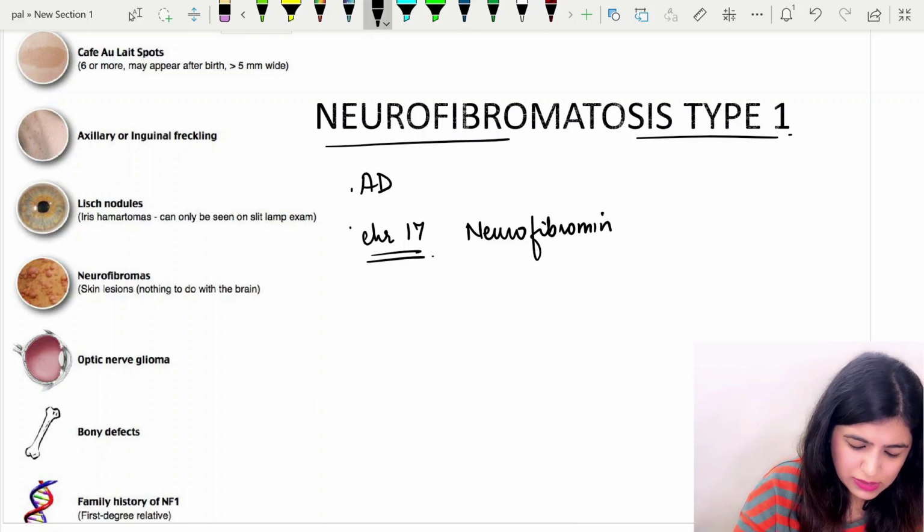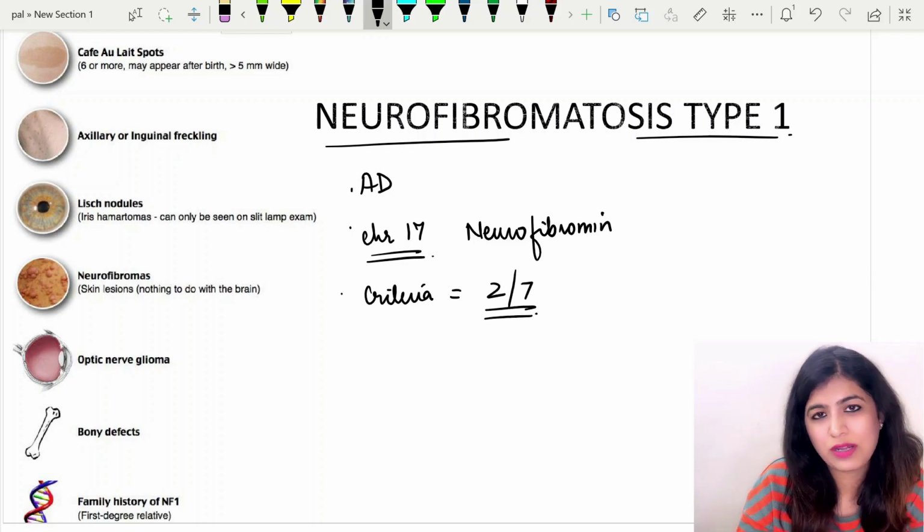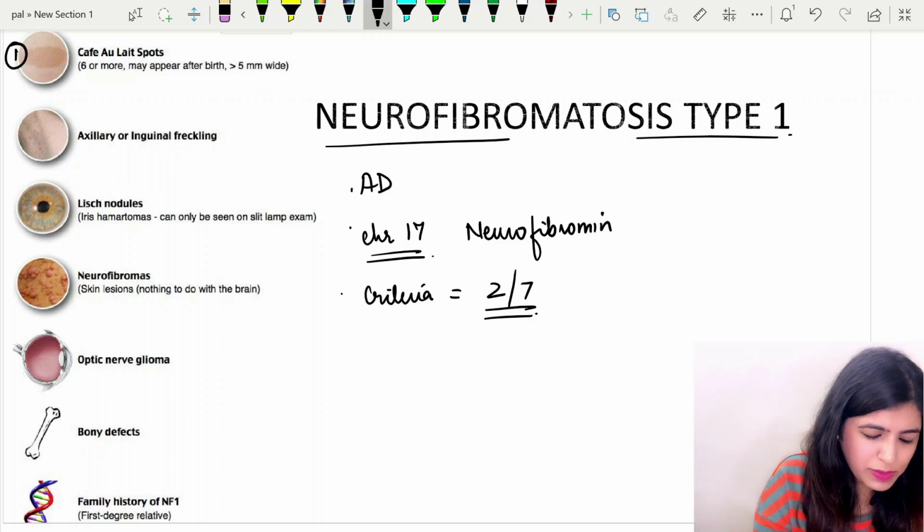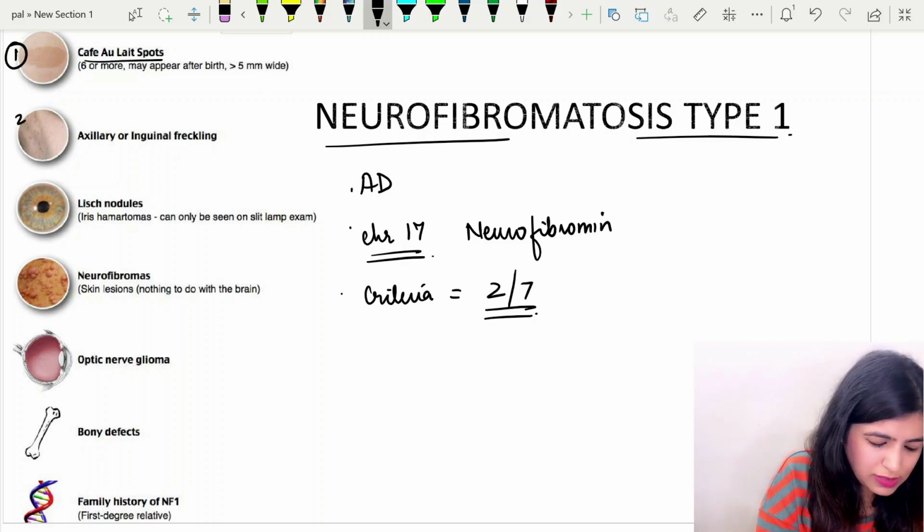There are different findings in this disease. We follow the criteria for diagnosis. There are 7 criteria, out of which at least 2 factors have to be present to make the diagnosis. The first is the presence of cafe-au-lait spots, then axillary or inguinal freckling, leash nodules.